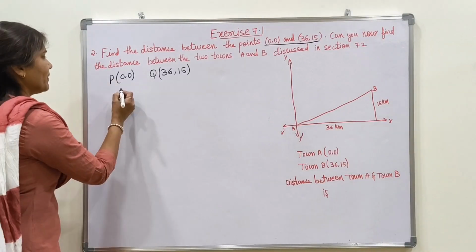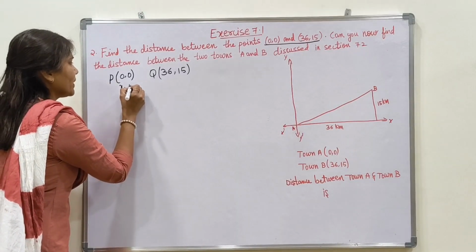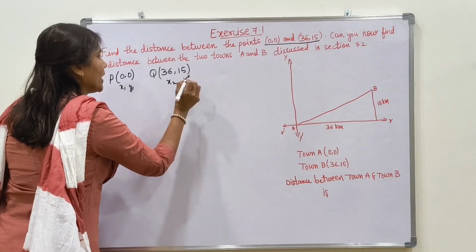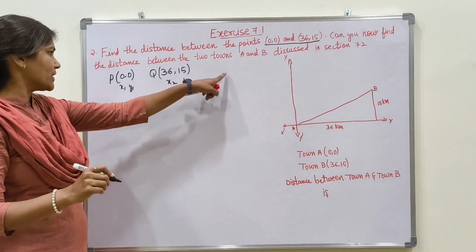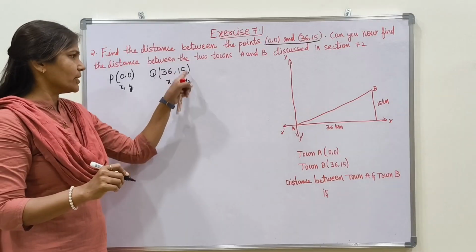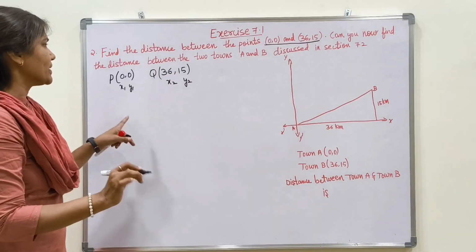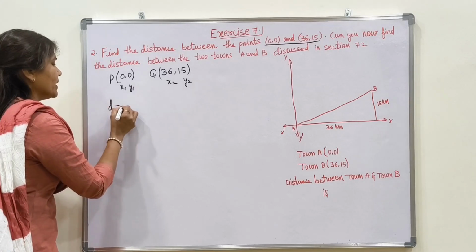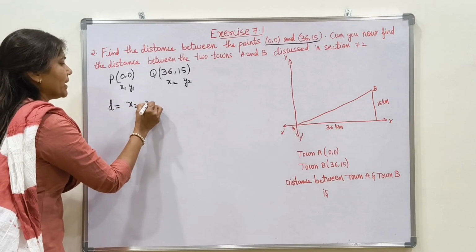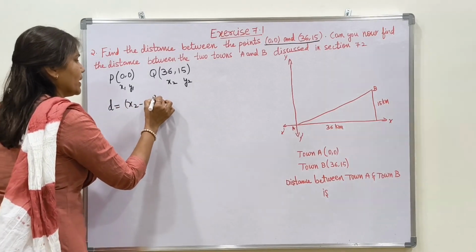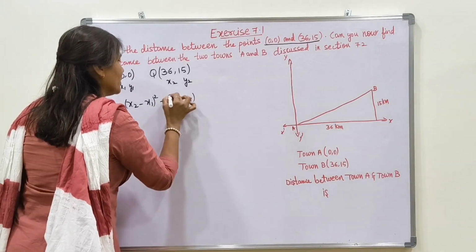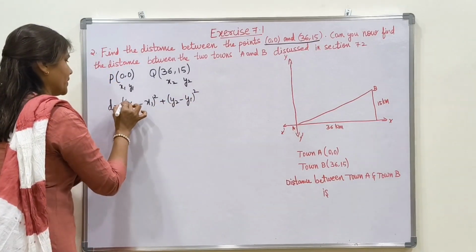Here one number we will take x1, y1. Next we will take x2, y2. If there is confusion, write on the side x1 is equal to 0, y1 is equal to 0. These two you write here. Okay. See here. Now we will find the distance. Distance means D. D is equal to x2 minus x1 whole square plus y2 minus y1 whole square under root.